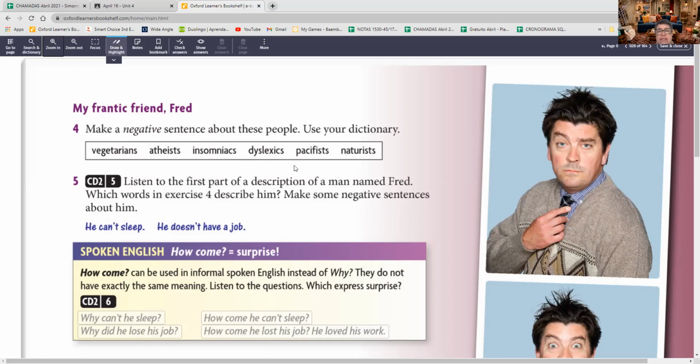This person has difficulties reading or writing, so dyslexic. And pacifists, that's similar to Portuguese, right? A pacifist is a person who is always advocating for peace. And naturist, or naturists in the plural. What is a naturist?